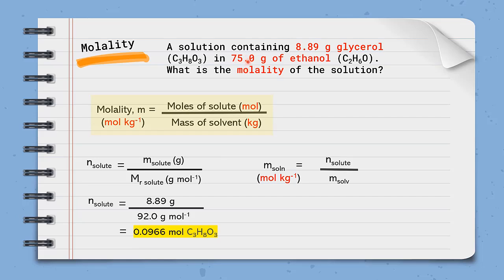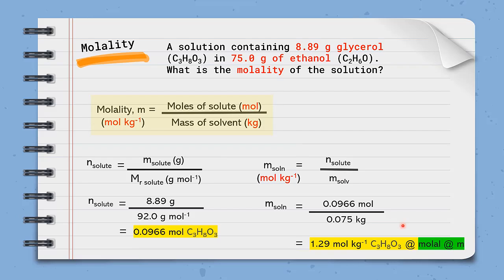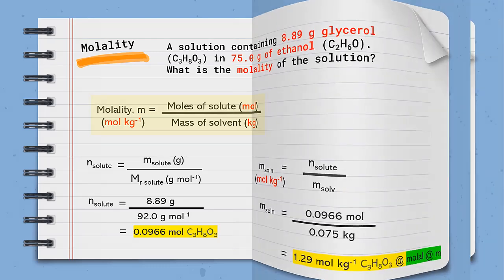Dividing by 1000 means you move the decimal point to the front by 1, 2, and 3 places. So you have your mass of solvent equal to 0.075 kilogram. And lastly, your final answer of molality is 1.29 mole per kilogram, or you can also write it as molal, or small m belongs to molal as well.